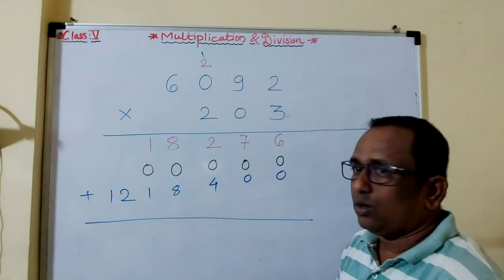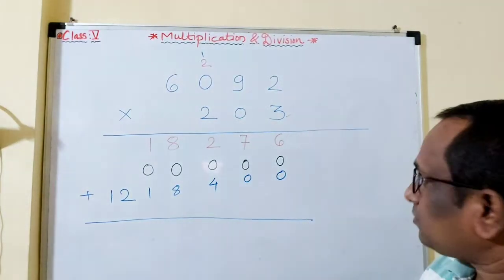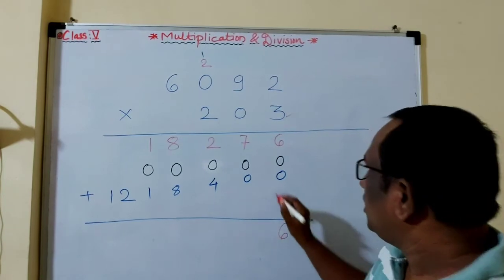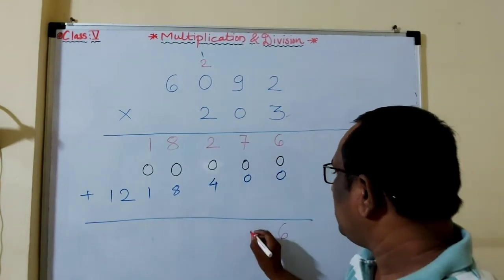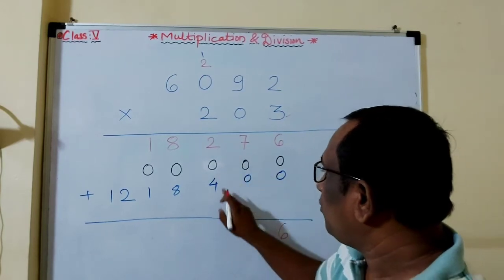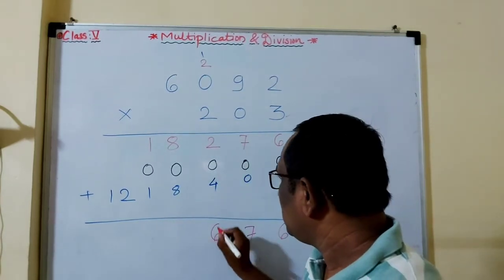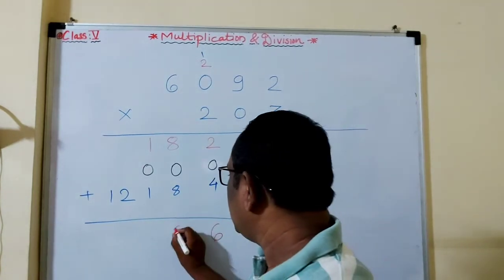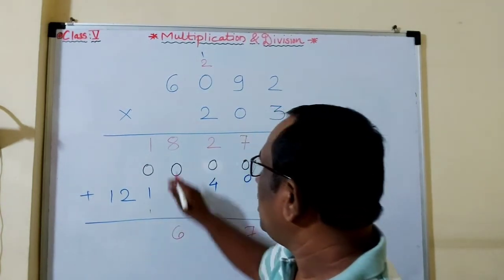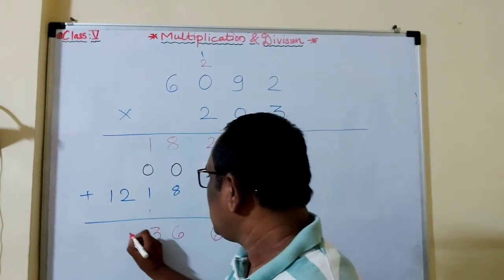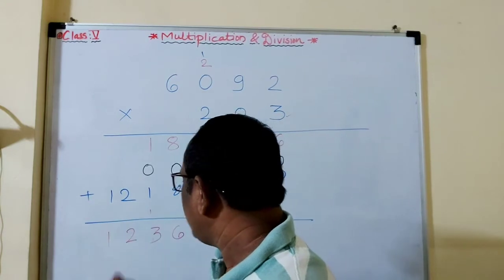Okay, now we have to add this. 6 plus 0 plus 0, 6. 7 plus 0 plus 0, 7. 2 plus 0 plus 4, 4 plus 2, 6. 8 plus 0 plus 8, 8 plus 8, 16. 16 means 6 remains here, 1 carry over. 1 plus 0 plus 1 plus 1, 3. 2 as it is, 1 as it is.